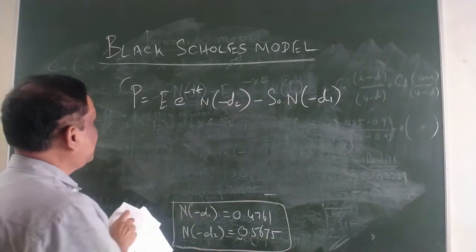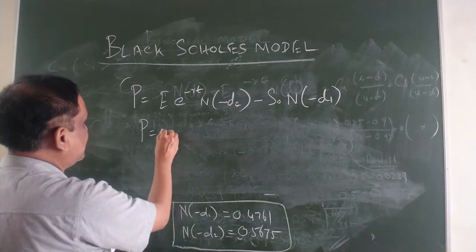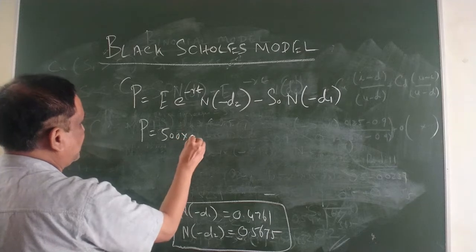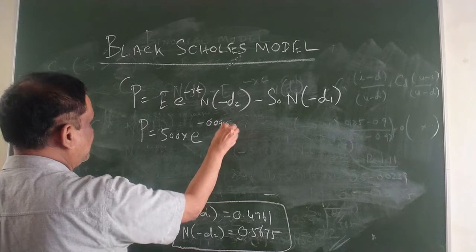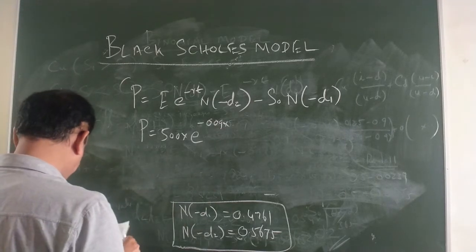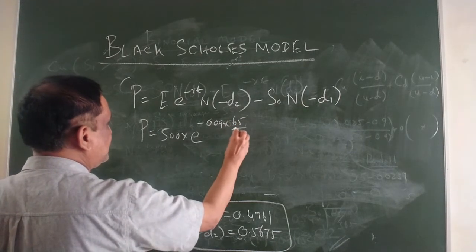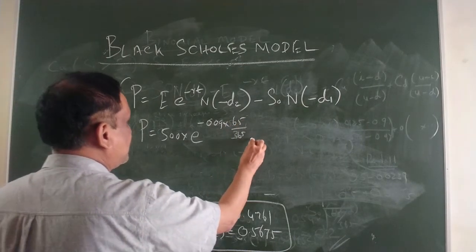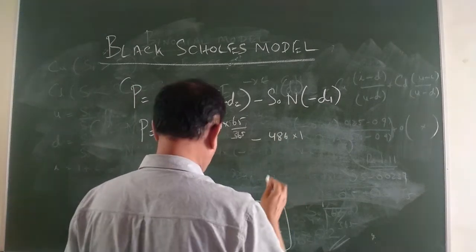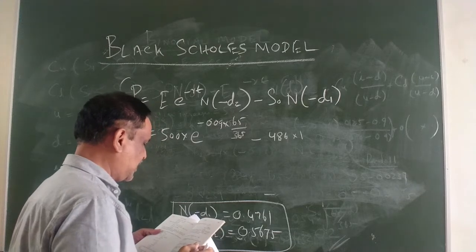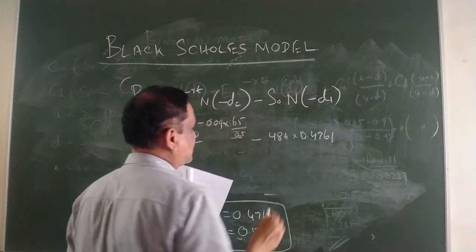So the put option value will be E, the exercise price of 500, multiplied by e power minus RT, that is 0.09 into 65 by 365, minus S naught, which is 486, into N of minus D1, which is 0.4761.